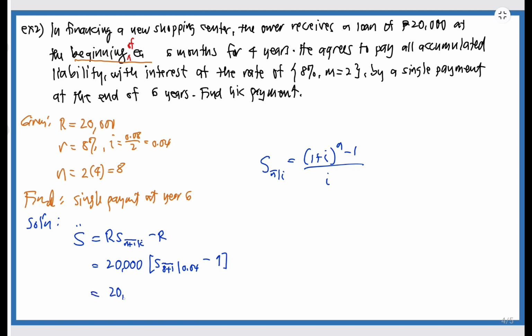So we'll have 20,000 times 1 plus 0.04 raised to 9, minus 1, all over 0.04, and another minus 1 for this.